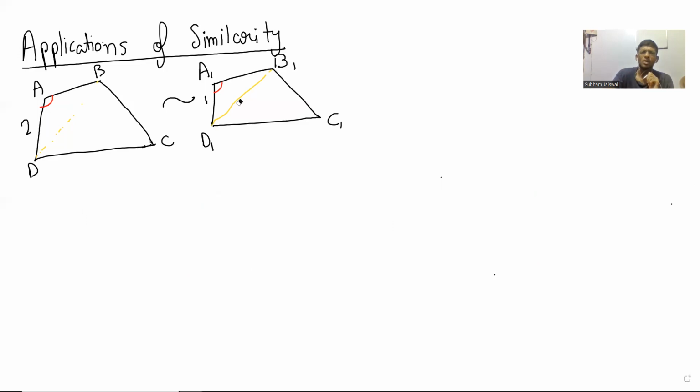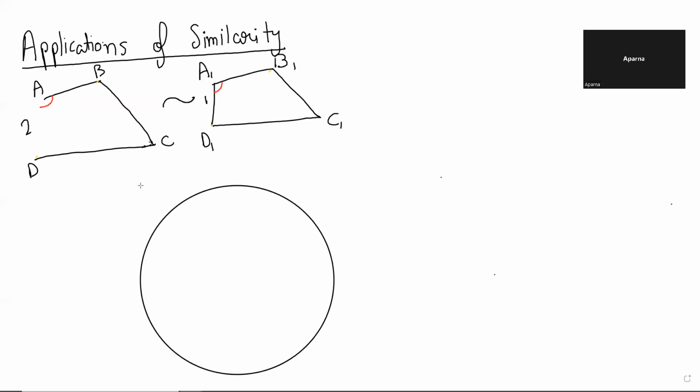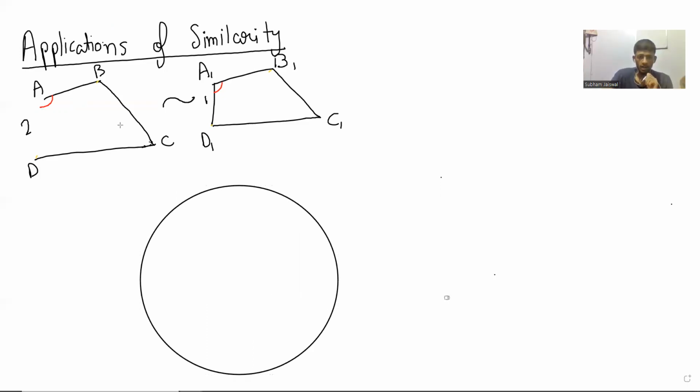Why did I give any other question upon? You were saying something about cyclic quadrilaterals. Sir, as much as I remember, there was a circle and there was a triangle, and you were asking that when the base angles are changed, how do we prove that the other vertices also will lie on the circumference? Right, right.